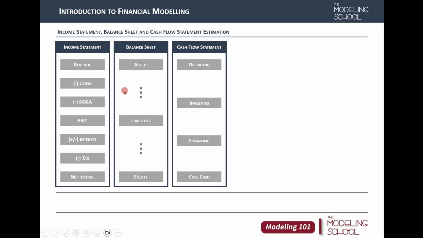Around 20%, I think they choose free cash flow or something from the cash flow statement. And 1 out of 10 students, they choose total assets or some items from the balance sheet. There's no correct answer. Whatever you choose, if you have the right reasons, that should be justifiable.